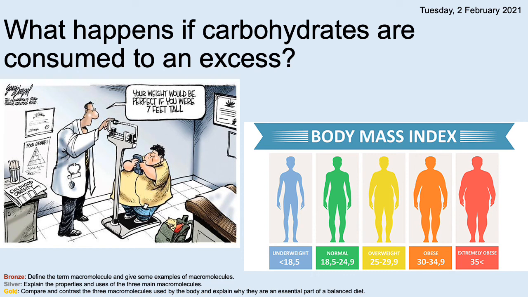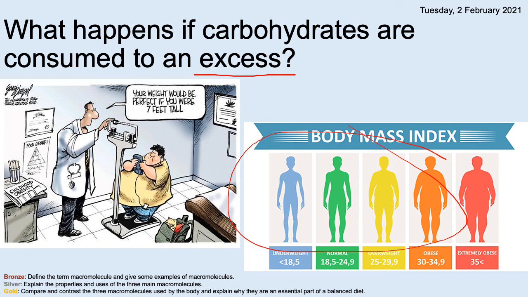So what happens if carbohydrates are consumed in excess? This means you consume more than you need to survive. Normally you would store too much energy and you would gain weight, so your body mass index would go up. This is the scale here, and that is your BMI. You've probably heard of that before.